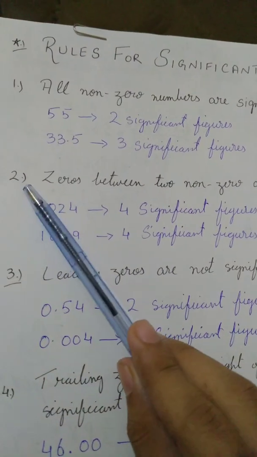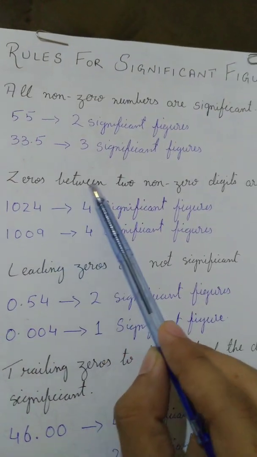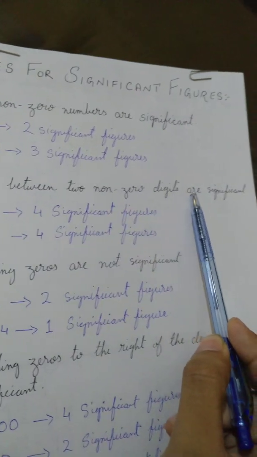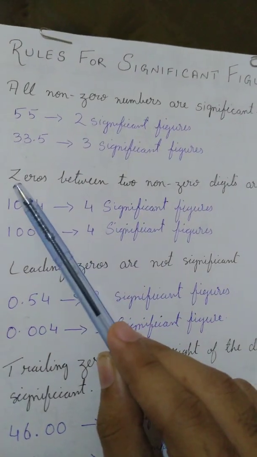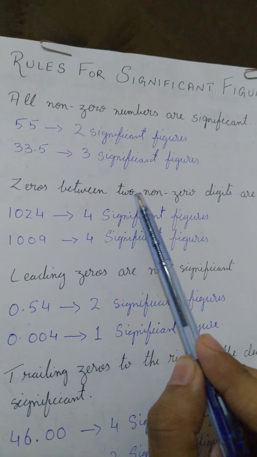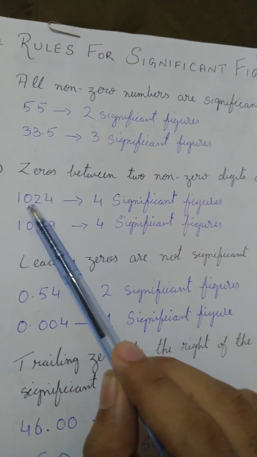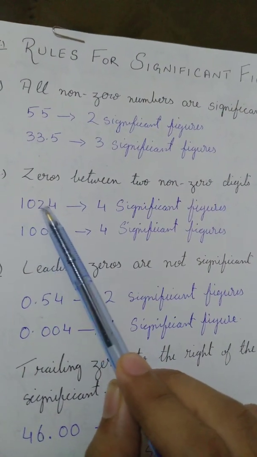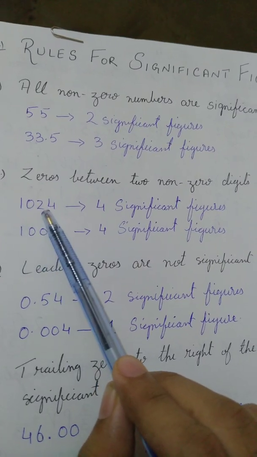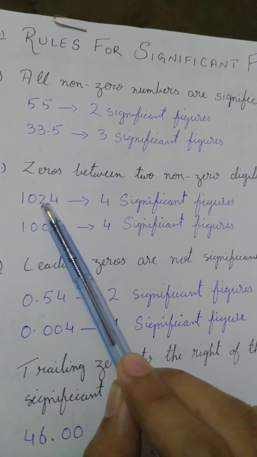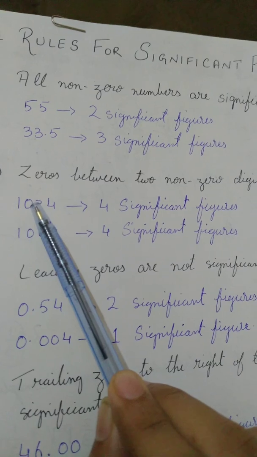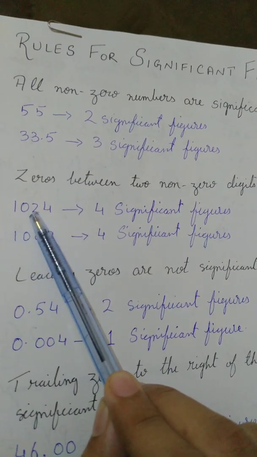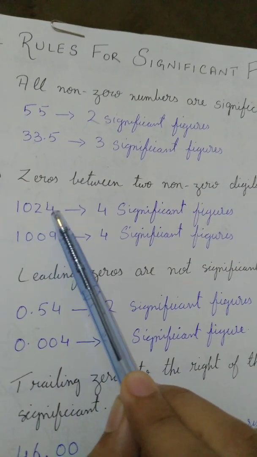Now rule number 2 says zeros between two non-zero digits are significant. You can see 1 and 2 are non-zero numbers and they have a 0 in between. So if there is a 0 between two non-zero digits, it will be counted as significant.